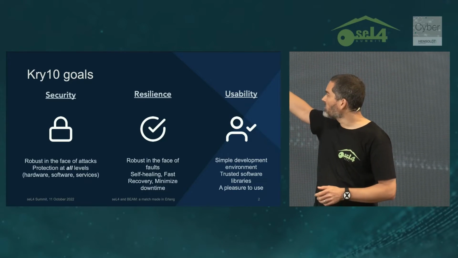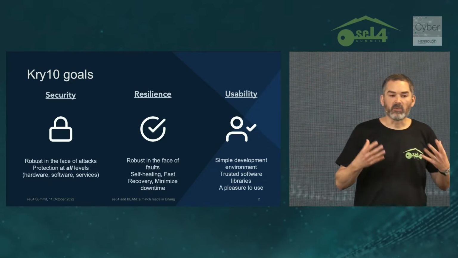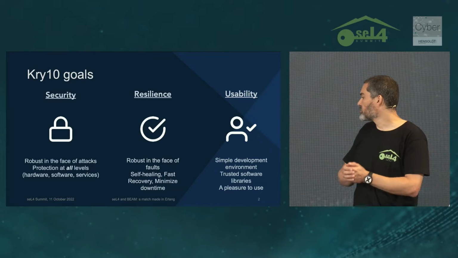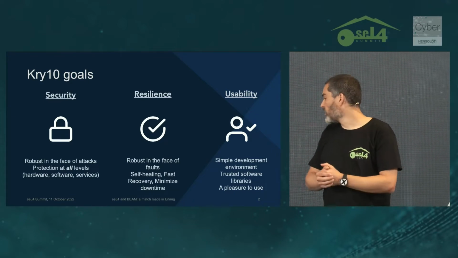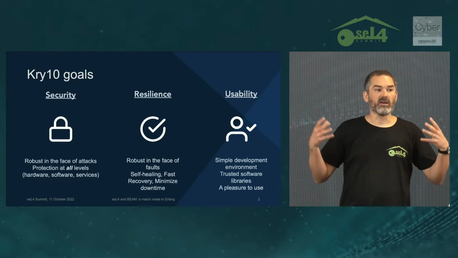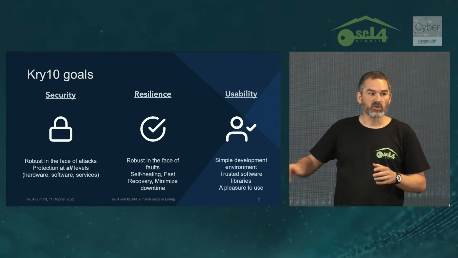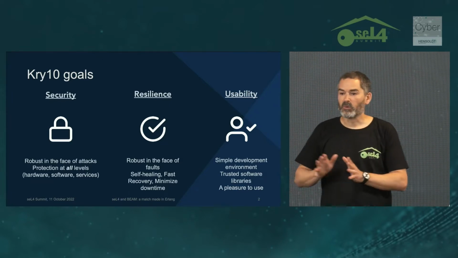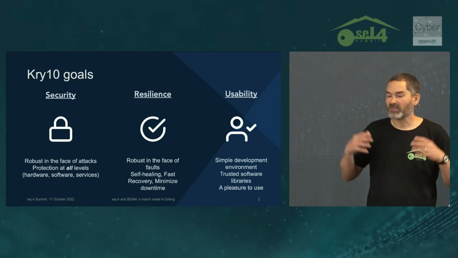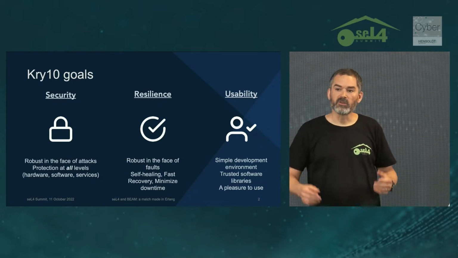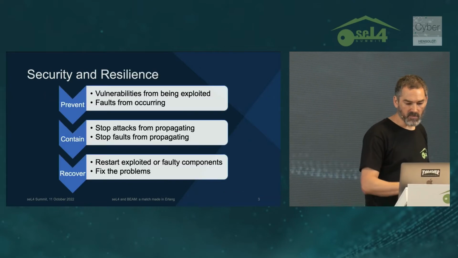And then I call this usability. We want the system and the platform to be usable. So this means a simple development environment, a large base of trusted software libraries, and something that's a pleasure to use, which we can't really say about seL4 now. But we want to have something on top of seL4 that's really a pleasure to use, that people want to use and are happy to use.